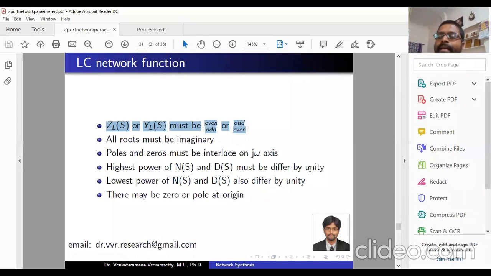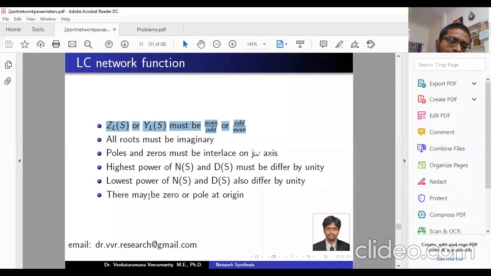Similarly, the lowest degrees of the polynomial in the numerator and denominator must differ by 1. The fourth and fifth points can also be verified by inspection. And the last point is there may be a zero or pole at the origin.